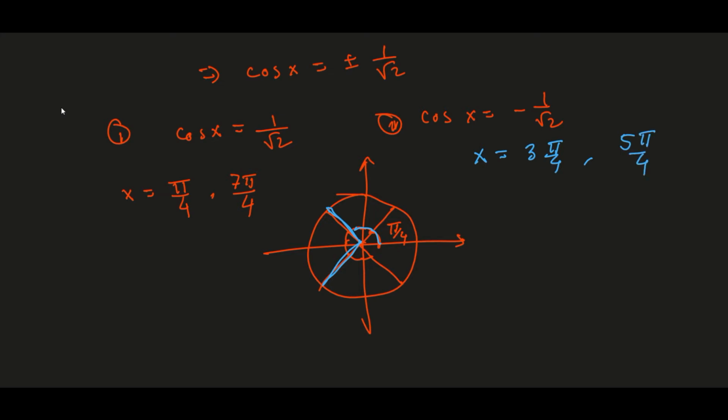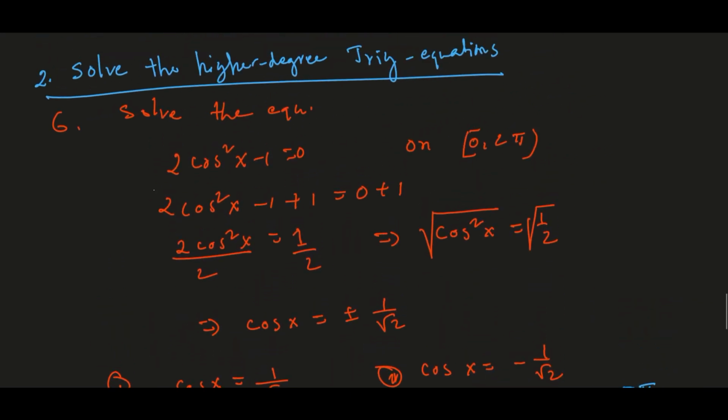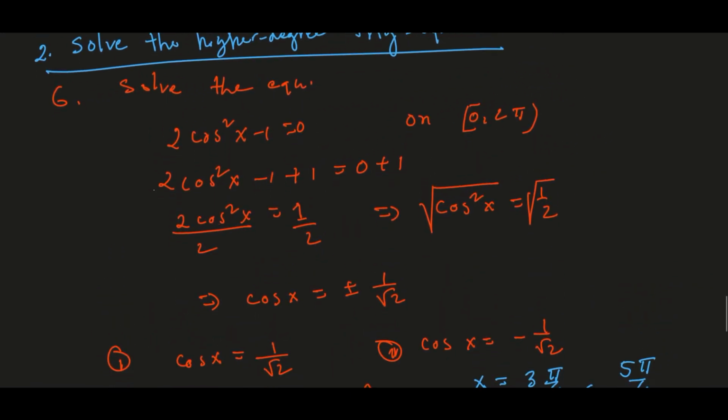To write the solution set, S equals, we start from the smallest number to the largest number: pi over 4, 3 pi over 4, 5 pi over 4, and finally 7 pi over 4. So this is the solution set to this problem.